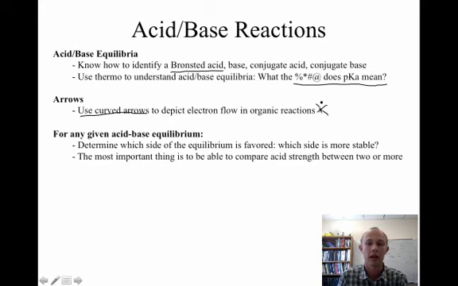So this is something that you're really going to want to practice in class and on your own. And then we're going to start using pKa and other factors that we'll talk about in the next lecture to determine which side of an equilibrium is going to be favored. Remember that you can use pKa to compare acid strengths between two acids or even more acids, just knowing that the smaller the pKa, the stronger the acid, the bigger the pKa, the weaker the acid.